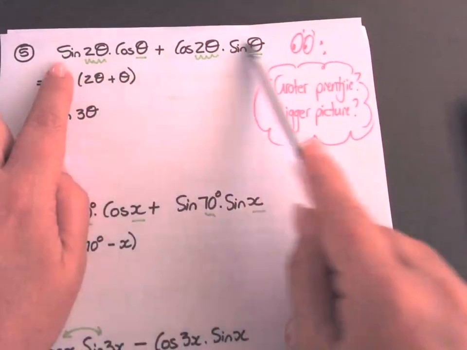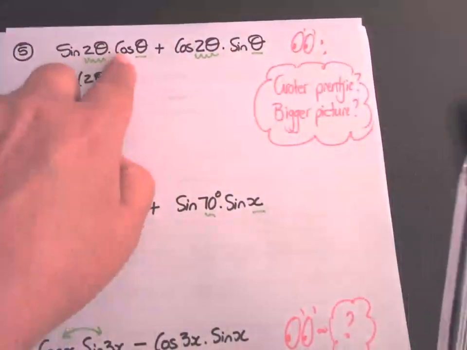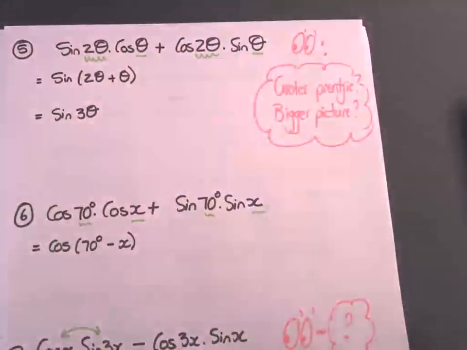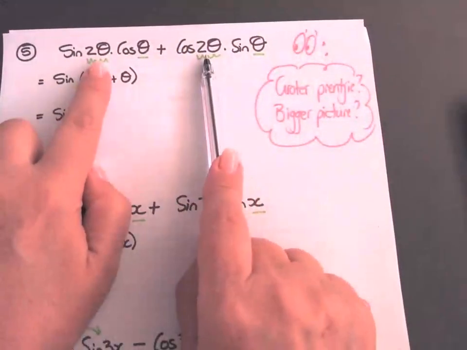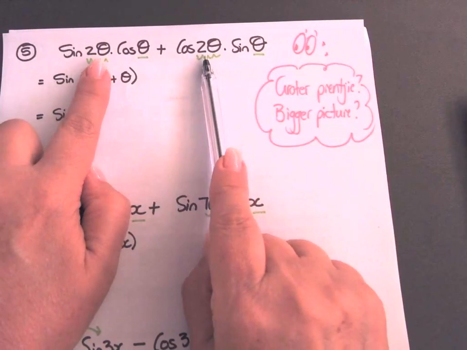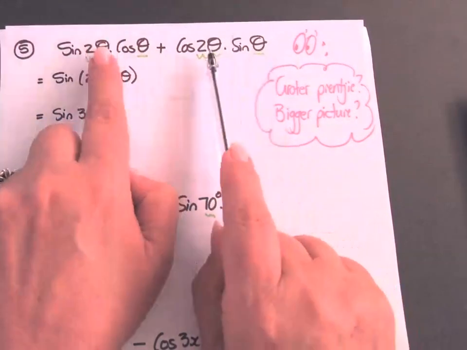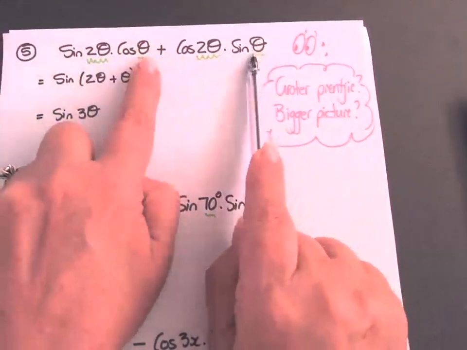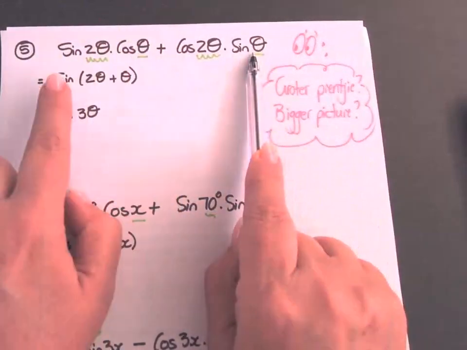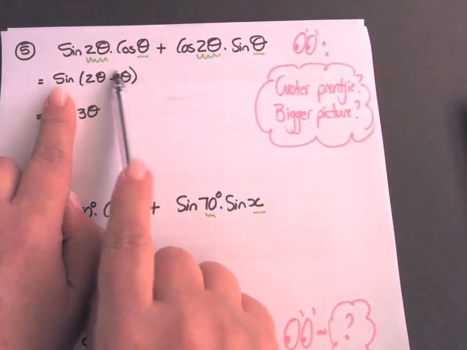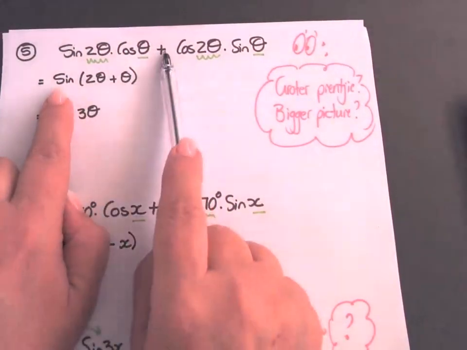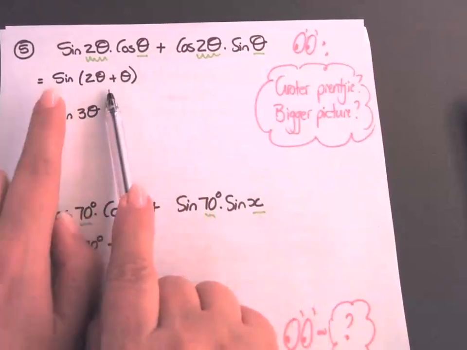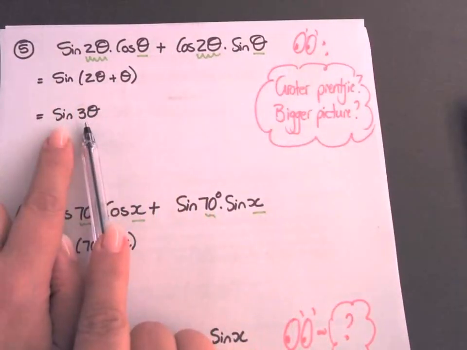Sine cos, cos sine. It sounds like the girls entering. So check, is it the first angles and the second angles? Are they the same? Yes. Therefore, it's a sine compound angle. Sine keeps the plus, and I get sine 3 theta.